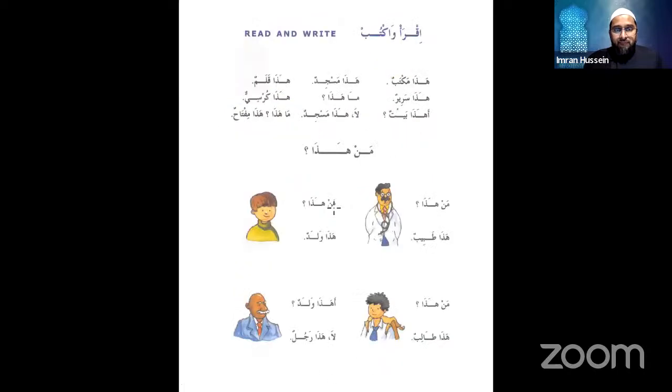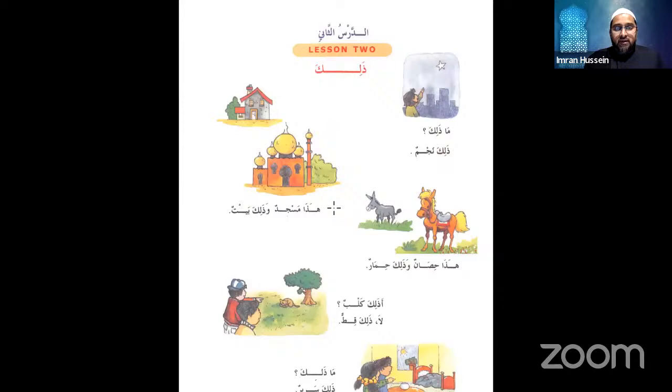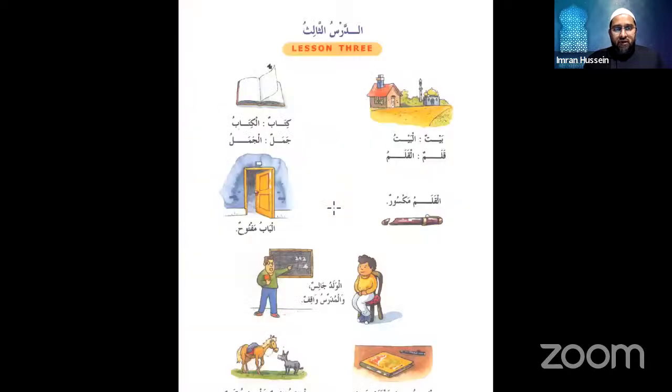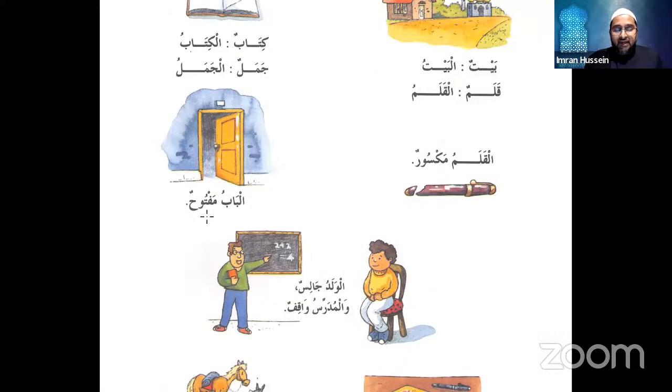And then in lesson number 3, we did al-babu maftuhun. The second thing which can come as a subject is a noun which starts with alif lam. Al-babu maftuhun. In this case as well, the second noun comes without alif lam. So the predicate always comes without alif lam.